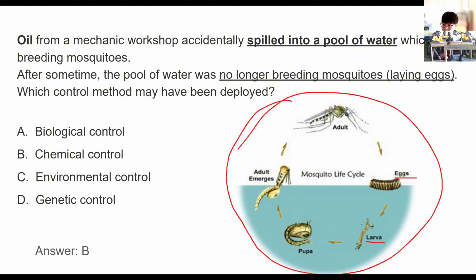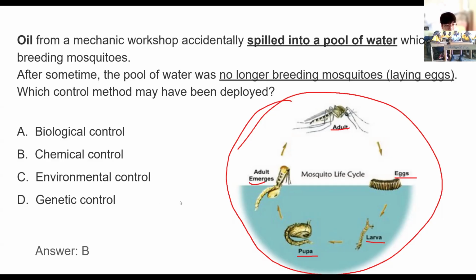This is called a larva. Then a larva of a mosquito turns into pupa. It looks like this. And then finally, it goes to the surface where the adult emerges, so it becomes an adult mosquito. So that is the life cycle of a mosquito.